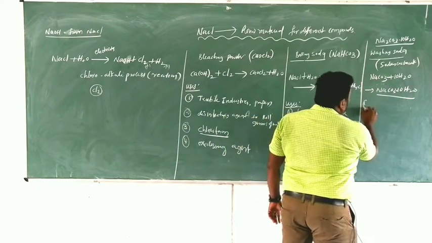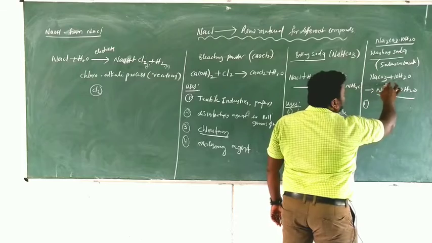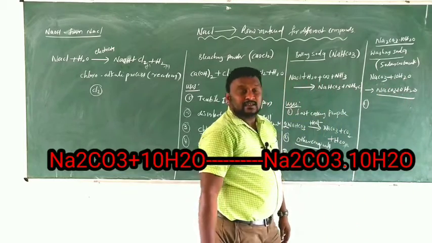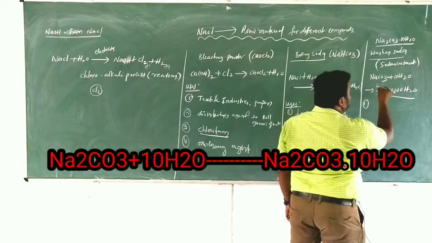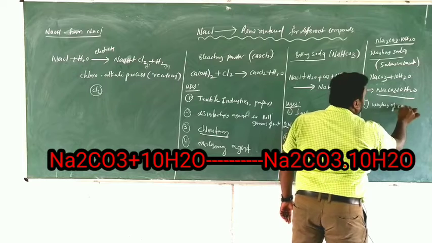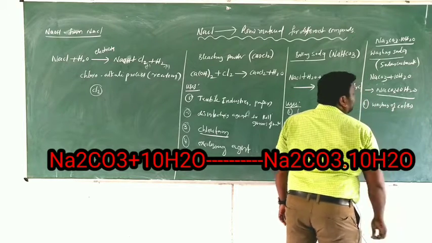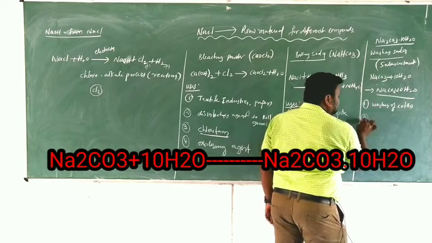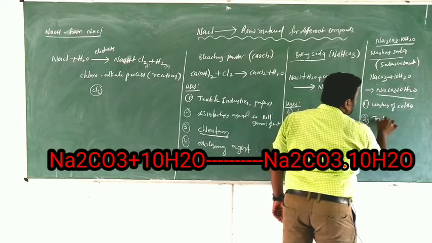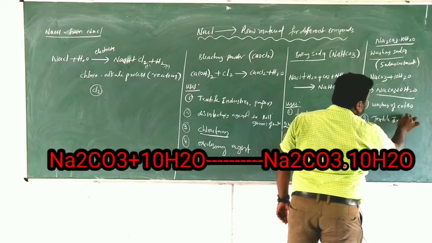So now here the first thing is Na2CO3 plus 10H2O gives rise to Na2CO3 10H2O. Here it is used for washing of clothes. And next thing is this washing soda also can be used in textile industries. What's that?